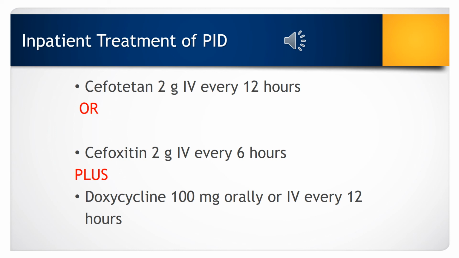If there is a woman who did not respond in that 48 to 72 hours of the outpatient regimen, then she too should be treated on an inpatient basis. And as you see on the slide, the regimen for treatment on an inpatient basis.